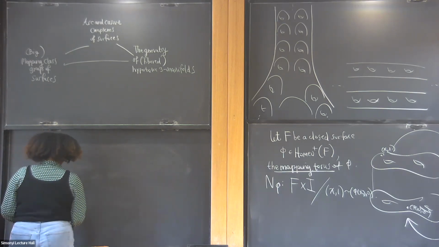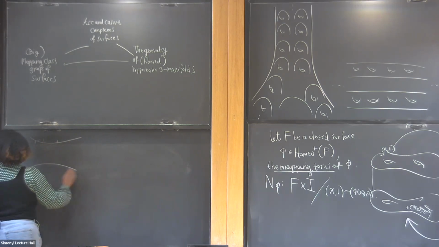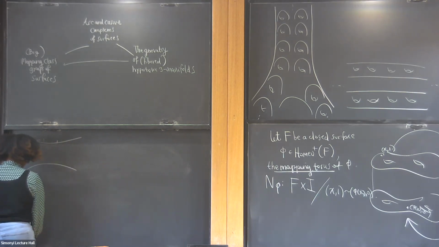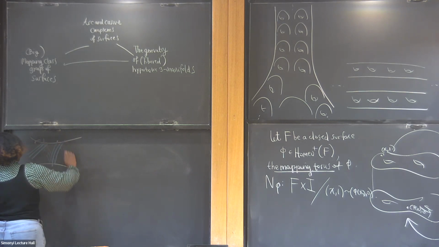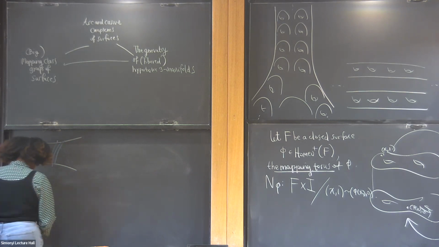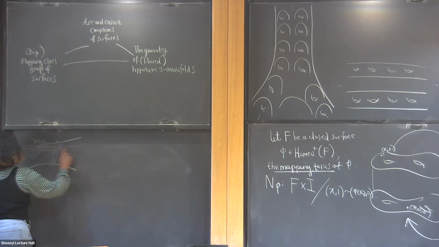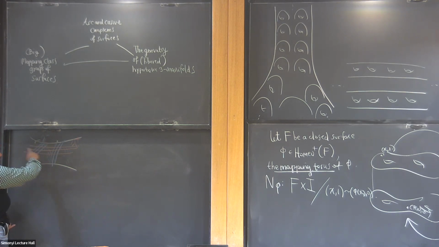Okay, so remember that I have those arcs that are really mixing. And they go off and they're going off forever. Can't draw them. So these are intersecting infinitely often.